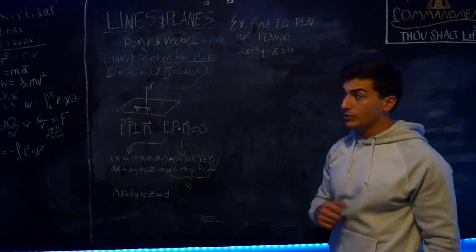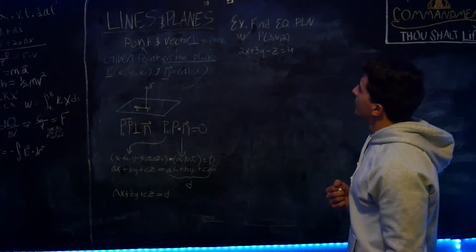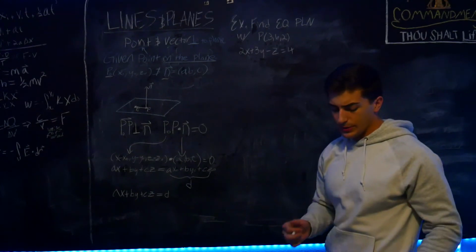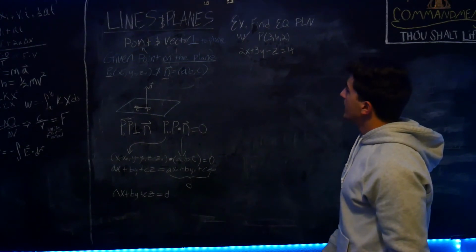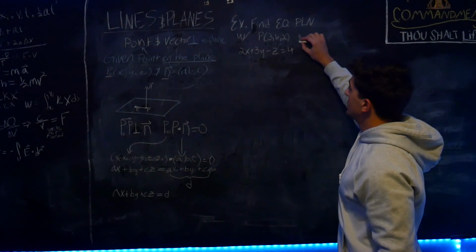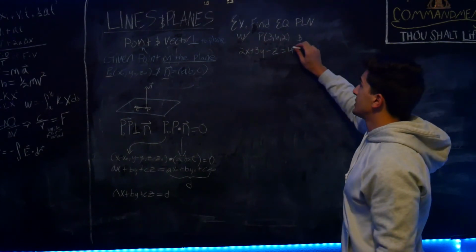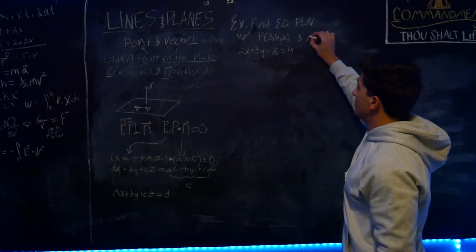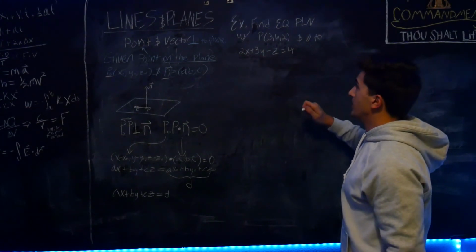So now you're like, okay, how does this help us? The question prompted is: find an equation of a plane with point 3, 6, 2 and parallel to, and then it gives us this.